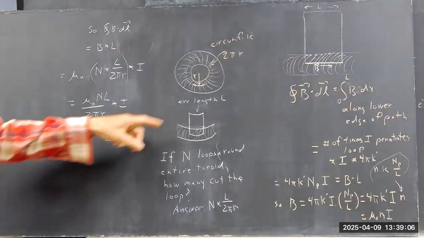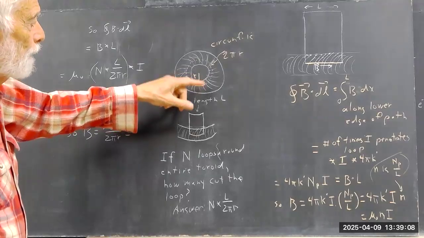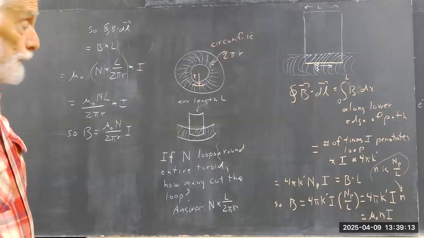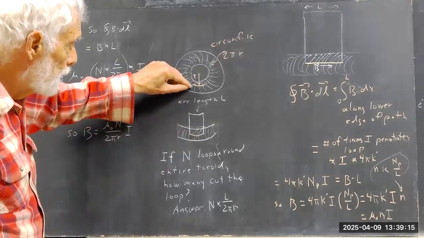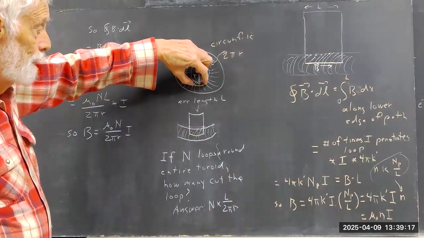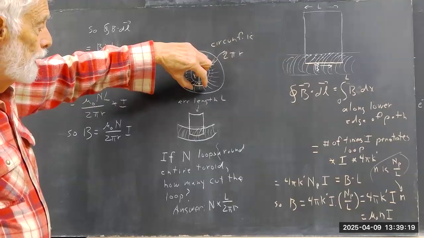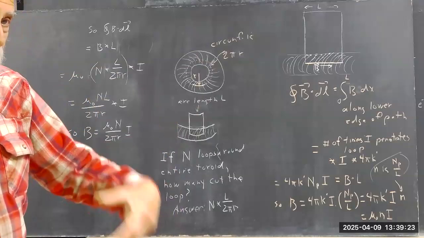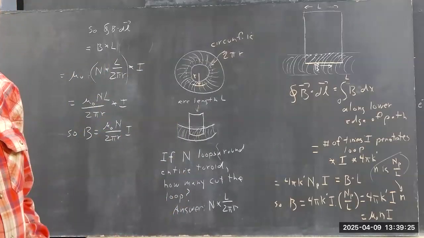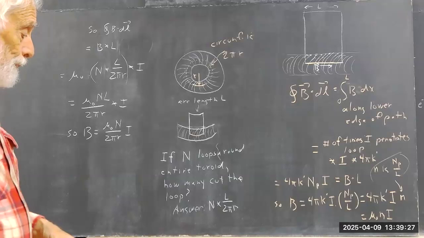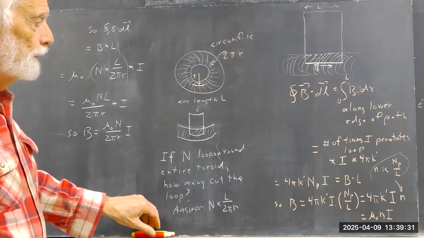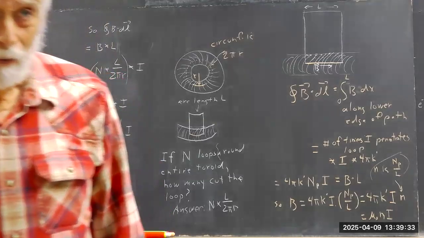Here, the field depends on how far you are from the center, because for a given arc length, you cut fewer and fewer loops as you move away from the center, so you get a lesser and lesser magnetic field. Okay? Okay, so those are applications of Ampere's law.